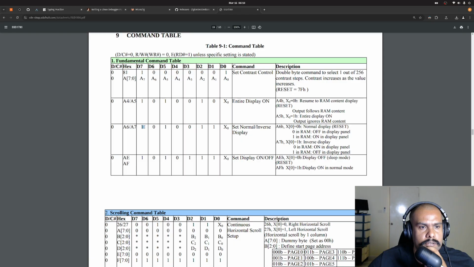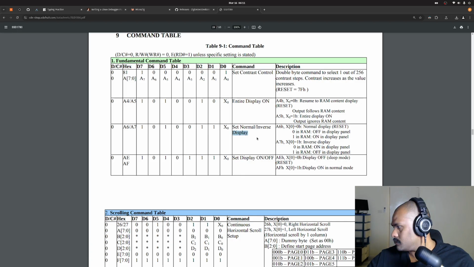A7. What is AE? There's no E here. Set display on/off. Set normal/inverse display. I mean, at this point I don't really care about these two. I think just this one.